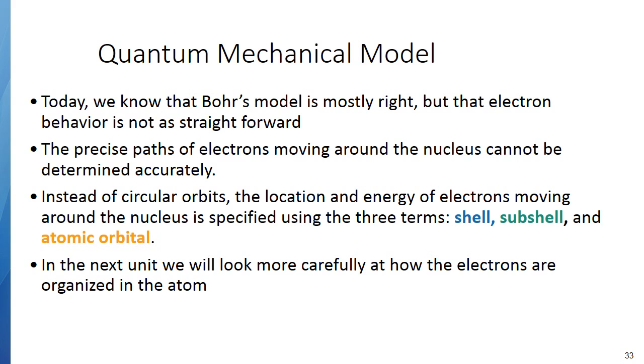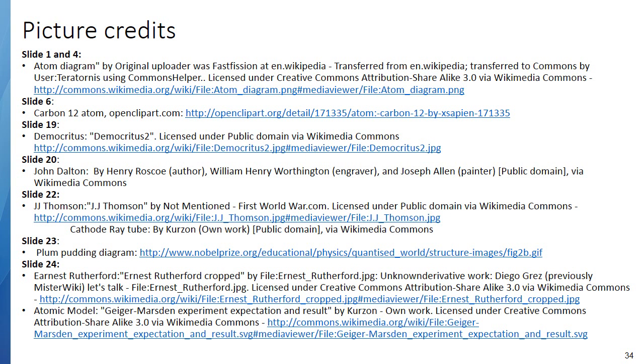So this is really the end of Unit 3. You should be able to identify the names of the different scientists and what they're generally given credit for discovering. Dalton determined that there was a small particle called the atom.